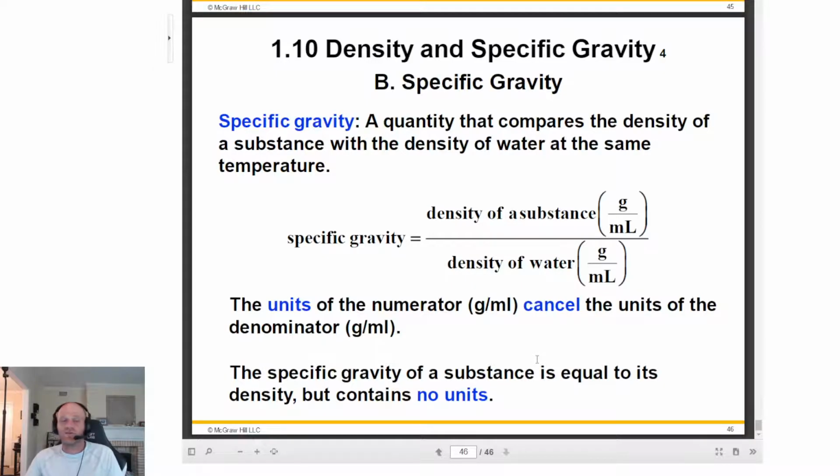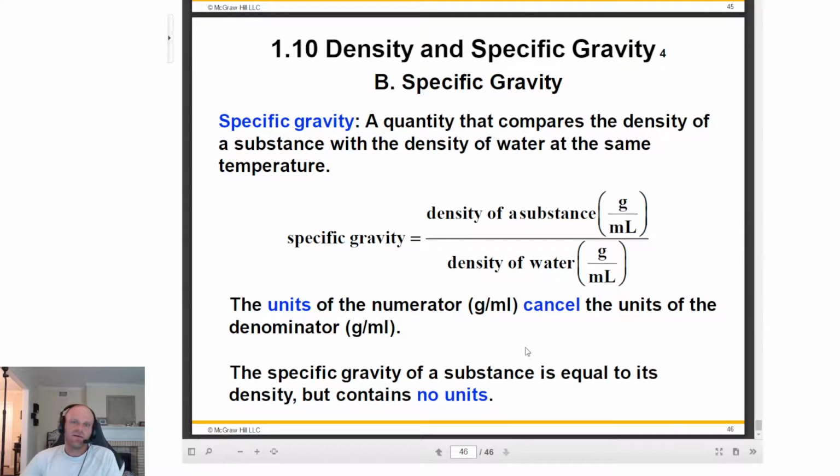Oh, specific gravity, that is just the density relative to water. Remember we said that the density of water is 1.0 grams per milliliter. So whatever the density of that substance is divided by 1 is the specific gravity.